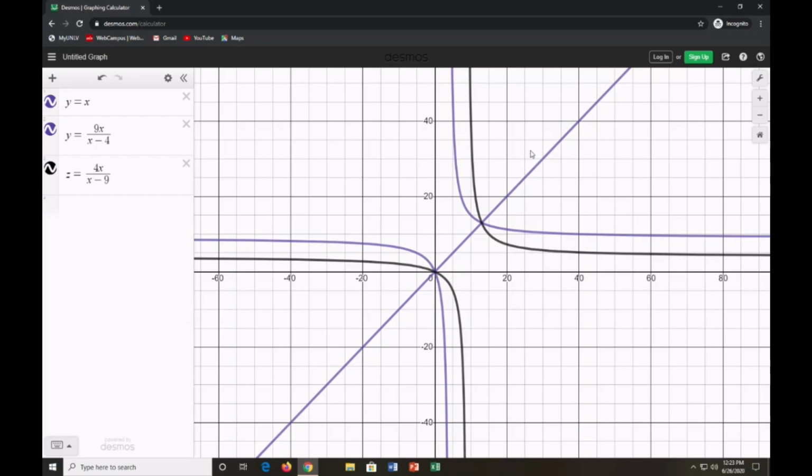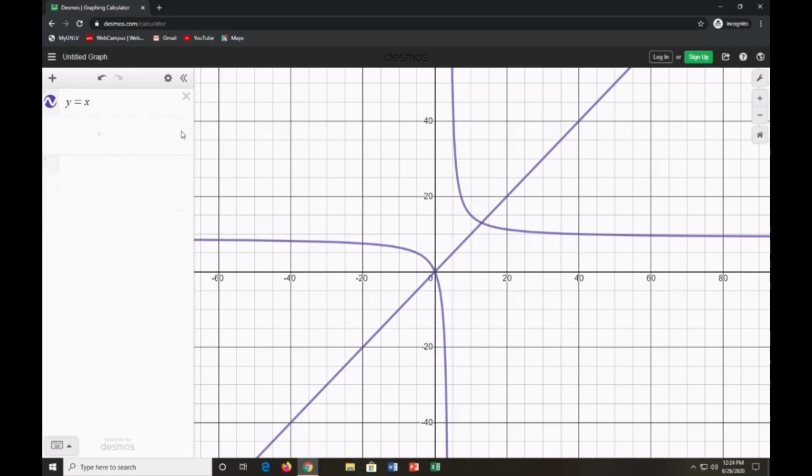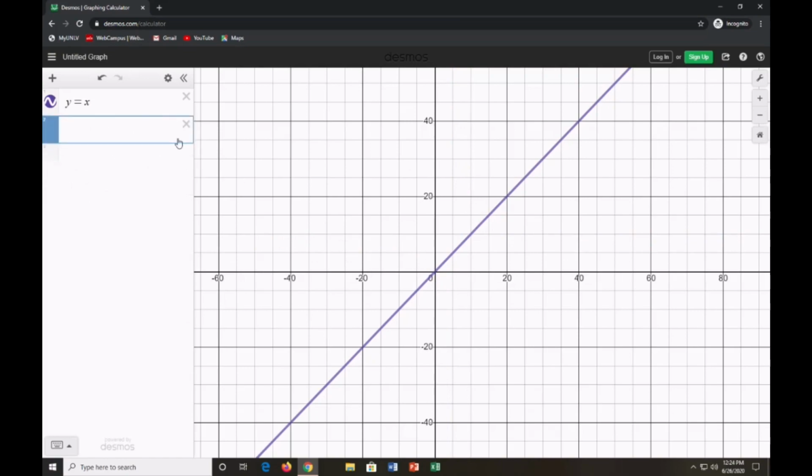Assume that y equals x is the mirror. Then the arms of these pieces of each function and its inverse become images of each other across that line. Do you see that? It's just like a reflection, right? The curve is seeing its own reflection across the y equals x line. So this is what it means to find the inverse of a function.